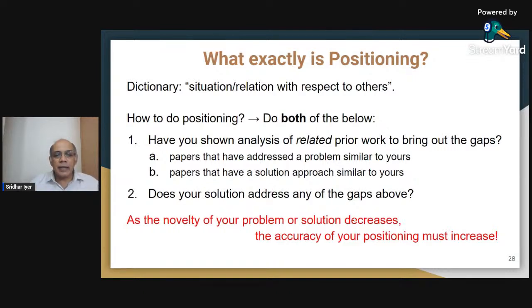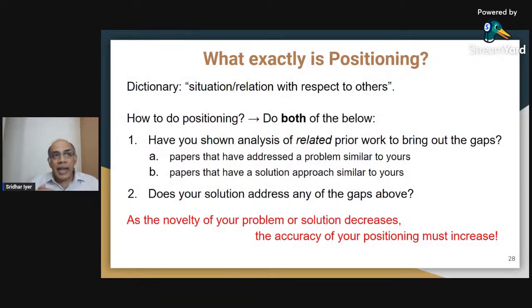So the key point to keep in mind here is that as the novelty of your problem or the solution decreases, the accuracy of your positioning must increase, right? As it becomes more and more, okay, a lot of people have worked on this. A classic example of this is programming. There has been tons of research on programming, so the novelty of the problem now is very low.